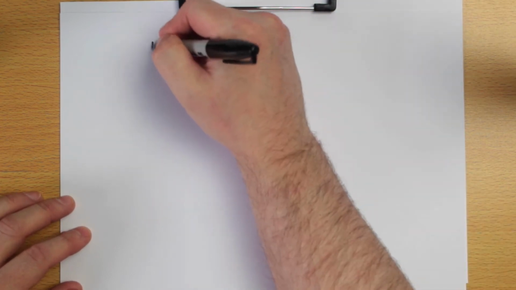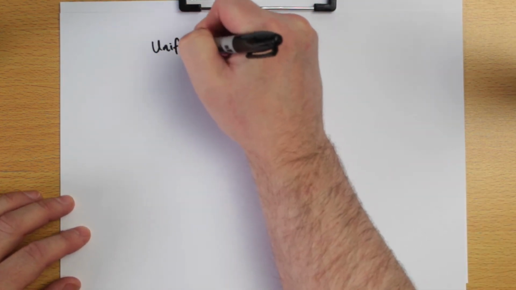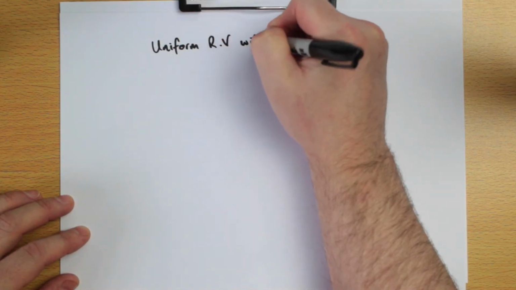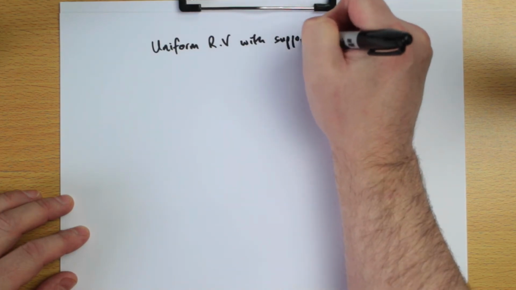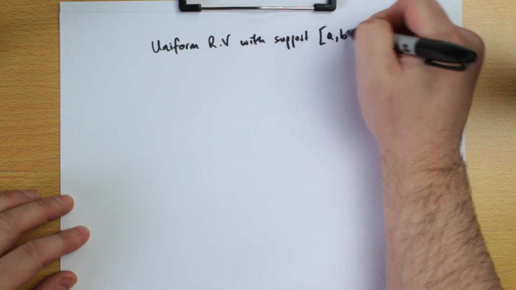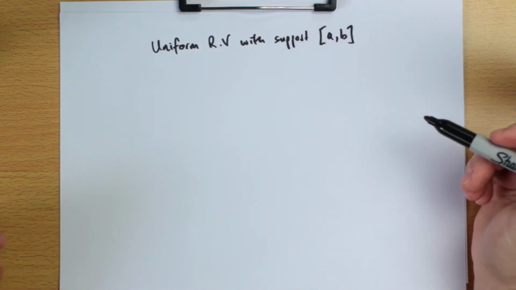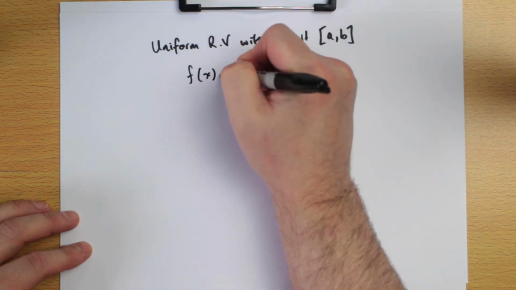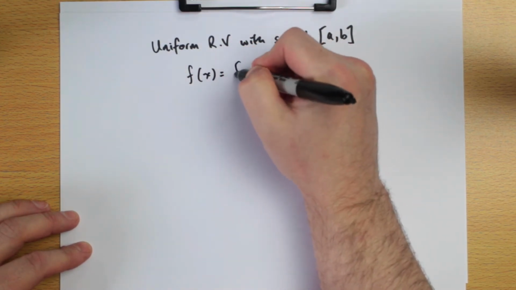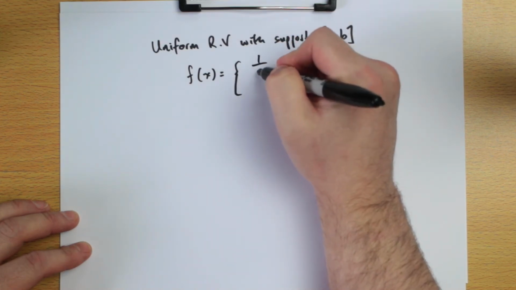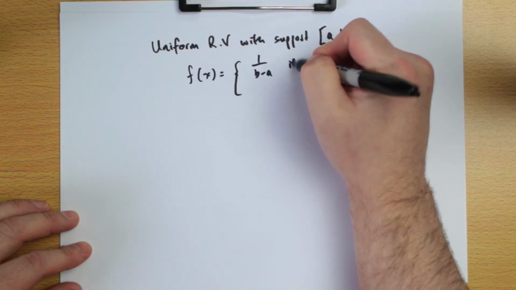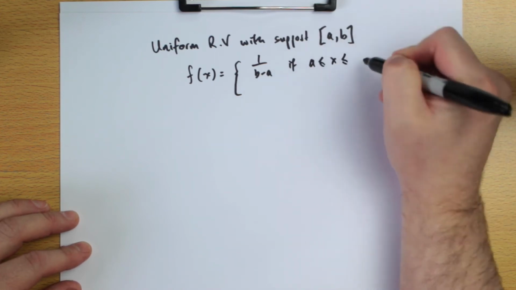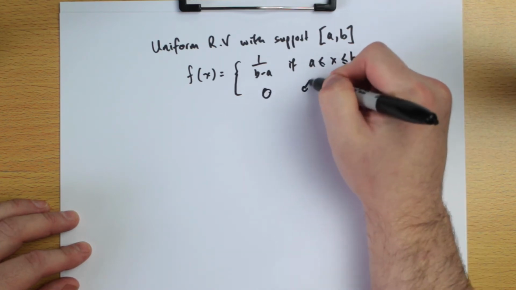Okay, so for a continuous uniformly distributed random variable with support, we just labeled an interval A to B, let's just write the density function f of x is equal to 1 divided by b minus a if a is less than or equal to x less than or equal to b, and 0 otherwise.